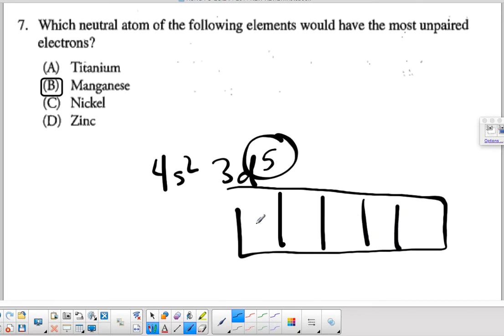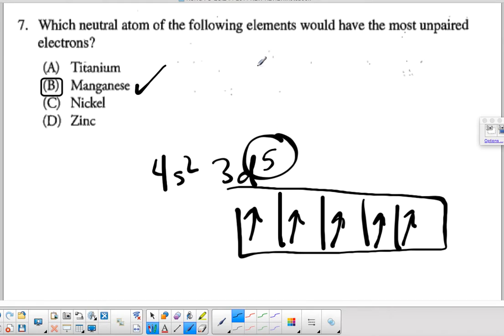I basically have to put 5 electrons in the D range. So I got 1, 2, 3, 4, 5. Remember Hund's rule, the electrons don't pair up until there's 1 in each energy level, giving it 5 unpaired electrons, making it the largest number of unpaired electrons.